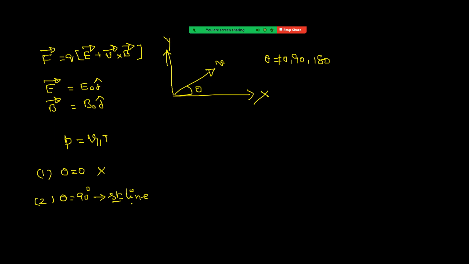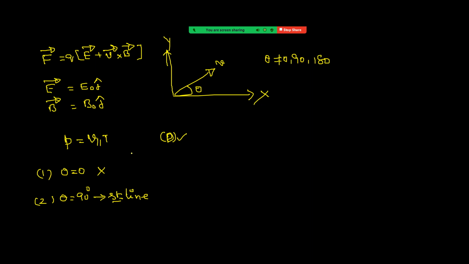So option D, theta is 90: the charge undergoes linear, meaning straight line, but accelerated motion along the y-axis. Since the electric field is present along the y-axis, the electric force is also along the y-axis. That means along the y-axis there is an acceleration. Therefore, option D is correct.